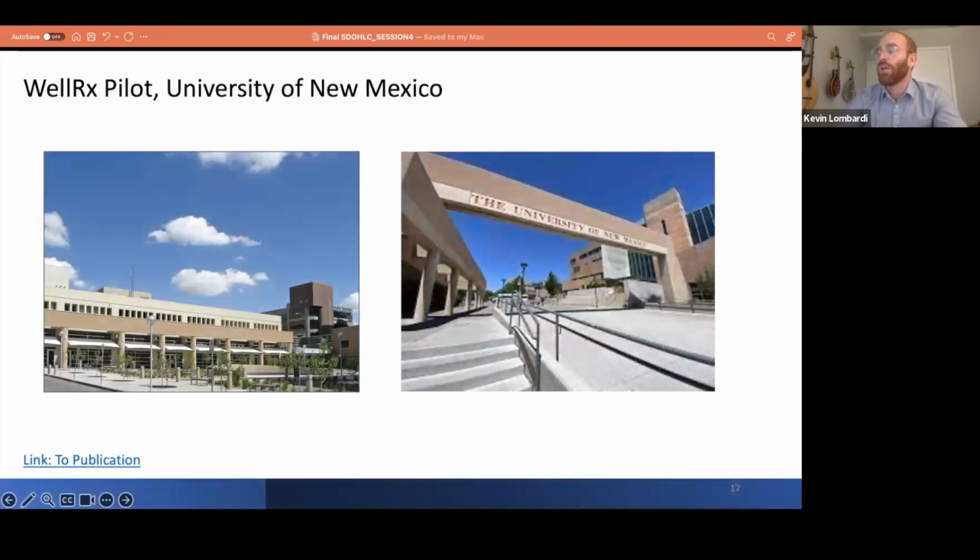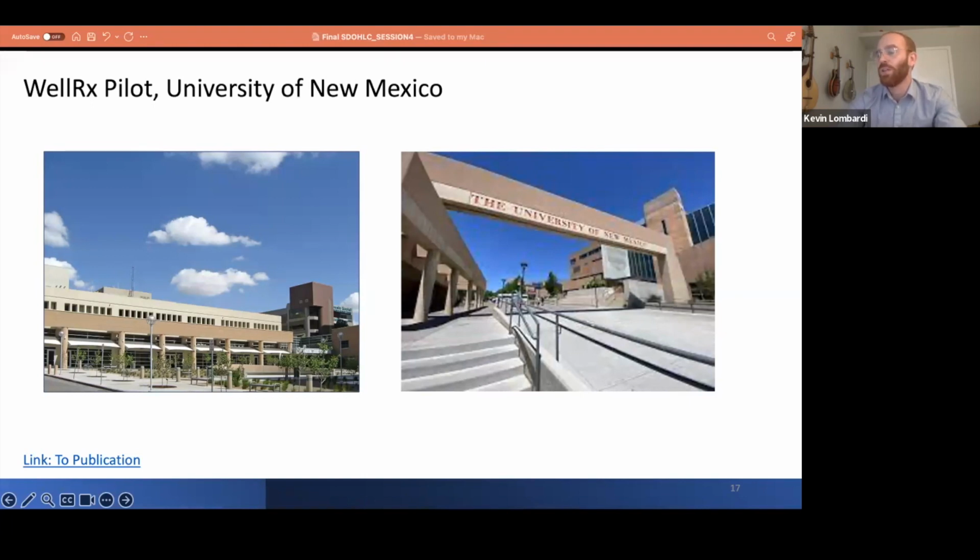In the interest of grounding our session in the pragmatic realities of SDOH program implementation, let's examine a helpful case study and then translate it to our own contexts. The WellRx pilot at the University of New Mexico gives a perspective of the thought and management processes behind successful design and implementation of SDOH screening.